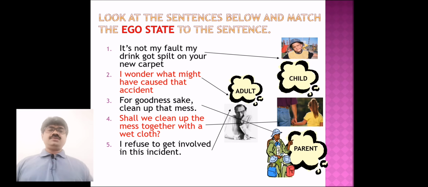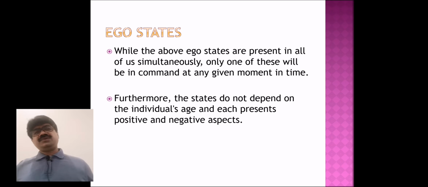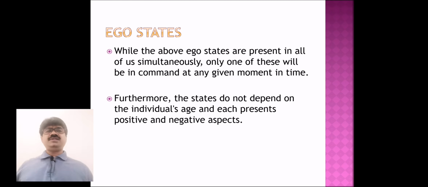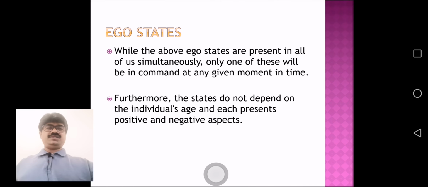So this is an example of how you can understand, from their conversations, which ego different people are in. Ego states are present in all of us simultaneously. One of these will be in command at any given point of time. It depends upon one's age, and each presents positive and negative aspects.